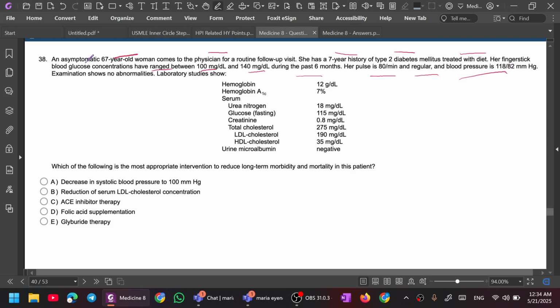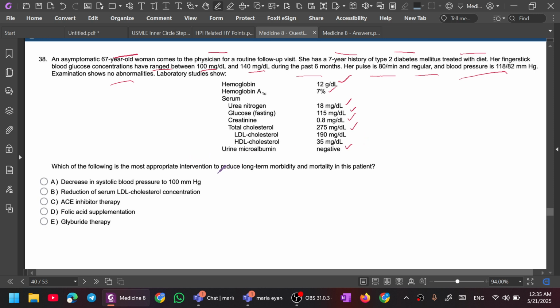Blood pressure is 118 by 82. Examination shows no abnormality. Hemoglobin 12, HbA1c 7%. Urea nitrogen 18, glucose 115, creatinine 0.8, total cholesterol 275, LDL 190, HDL 35, urine microalbumin negative.